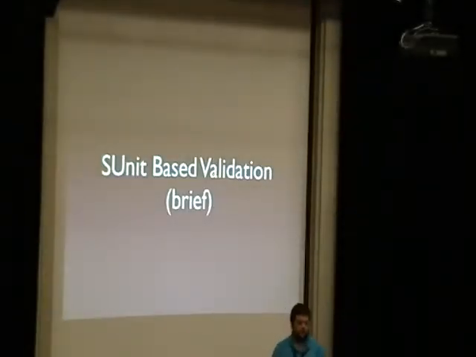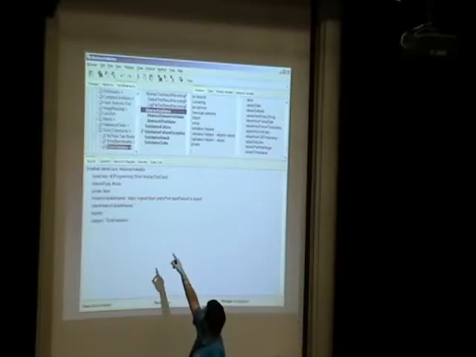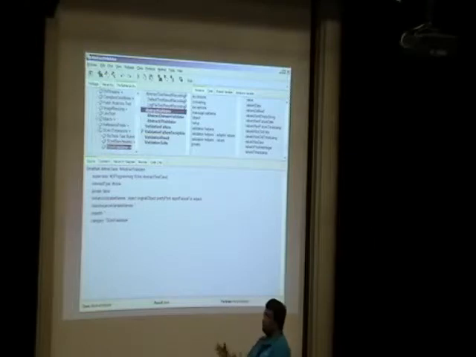Now let's take a look at how validation works. This is just very brief because we talked about validation before. This is just about the mechanics of validation in terms of a unit. So for example, in a unit validation, there are instances added to test case. There's that object, there is an original object, and all these other variables that are used to implement different features of validation. So that's different.